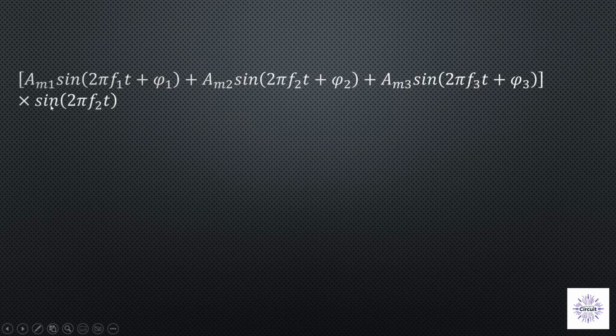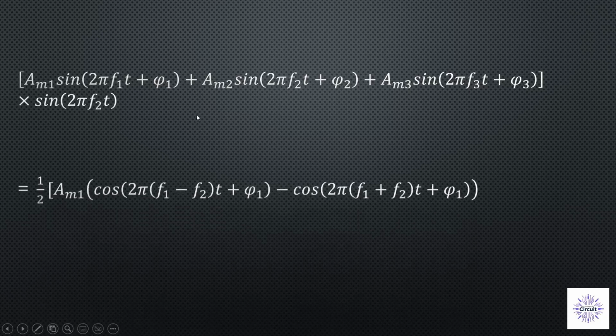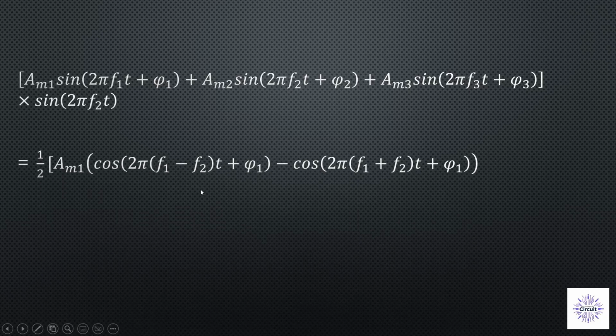But let's say we multiply a sine 2 pi f2 to our signal. So we end up with three terms. First, I just categorize them based on the amplitude. AM1 will see cosine 2 pi f1 minus f2 with phi 1 minus cosine 2 pi f1 plus f2 plus phi 1.